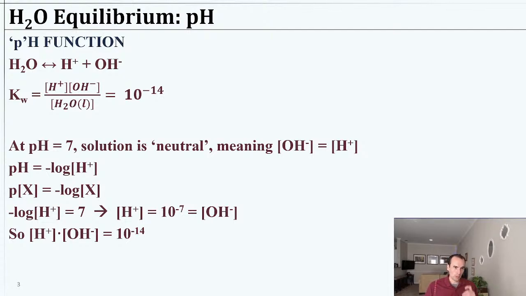Okay, so last time I talked about the pH. Just going to quickly gloss over this now. See the last video if you need more. The P for pH is acting a lot like kind of a function. It just means negative log of whatever follows it.